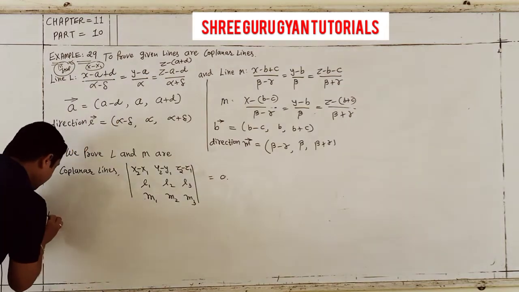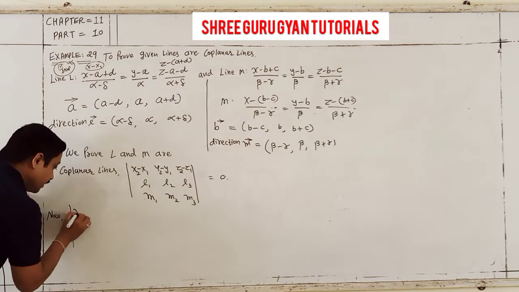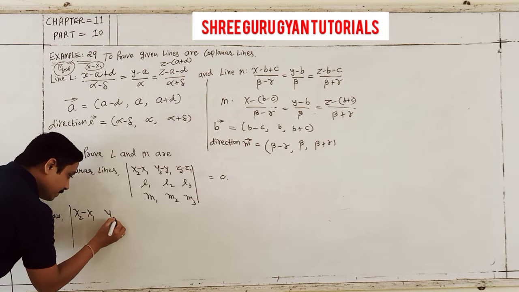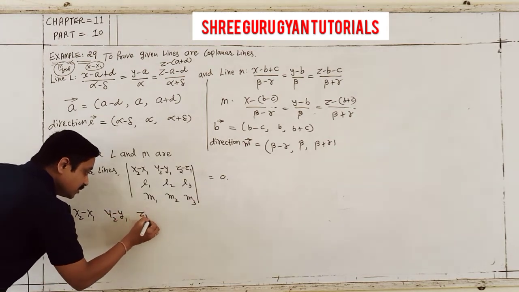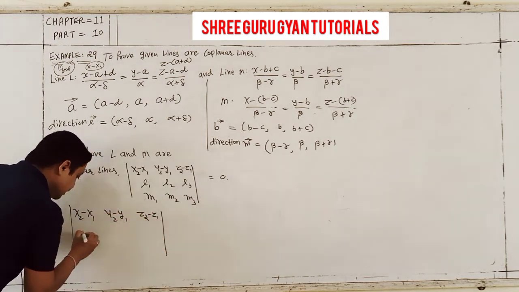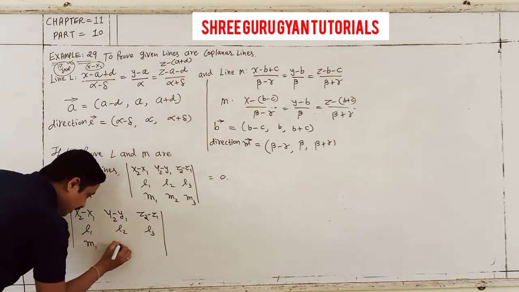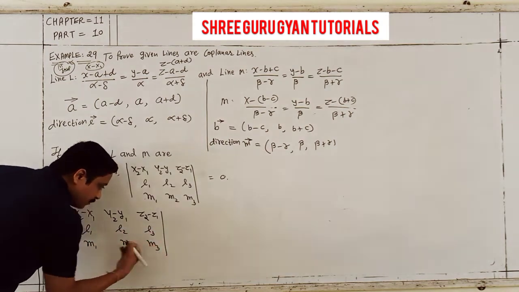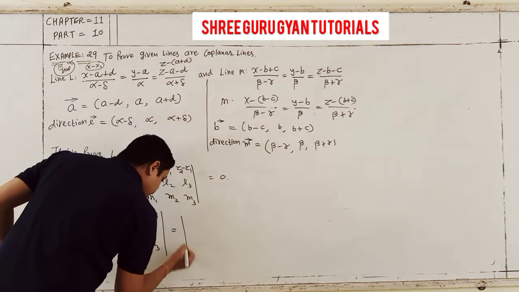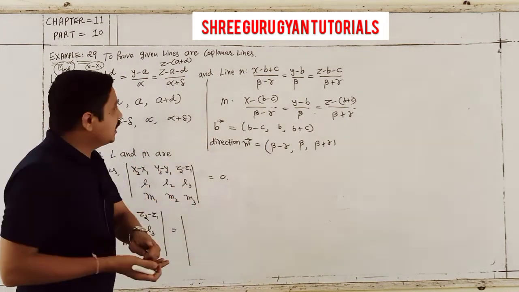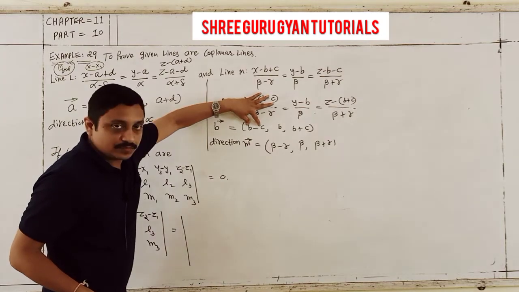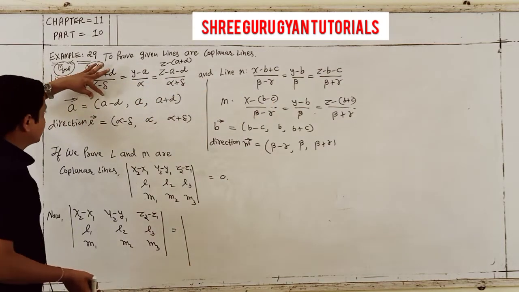So now I start slowly with my condition: x2 minus x1, y2 minus y1, z2 minus z1, L1, L2, L3 and M1, M2 and M3. Respectively apply that value. x2 minus x1 means this x2 minus this x1.